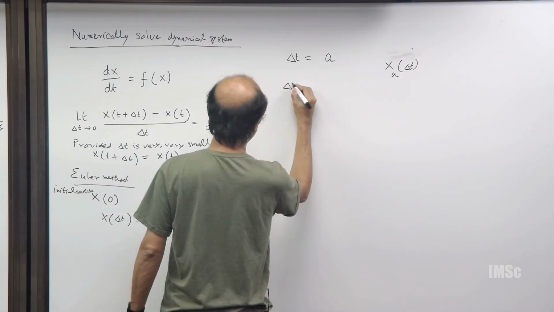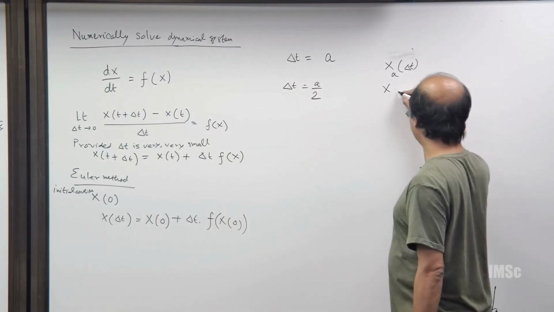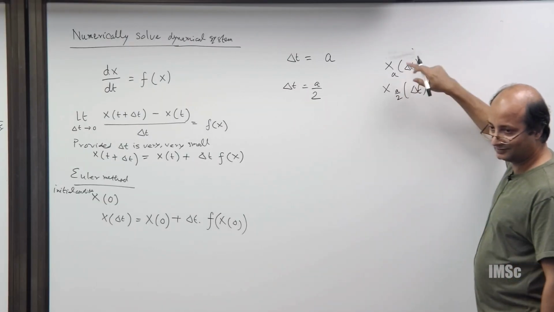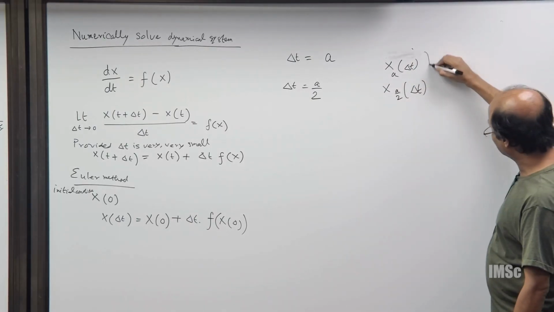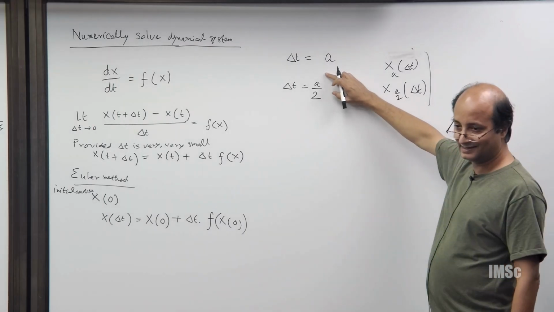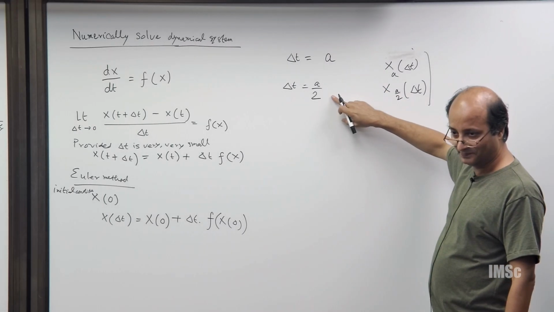and then I say that, suppose I halve delta t, and for a by 2 what is the value of x, and then I ask what is the difference between these two. So what I have done is I am halving the time step.